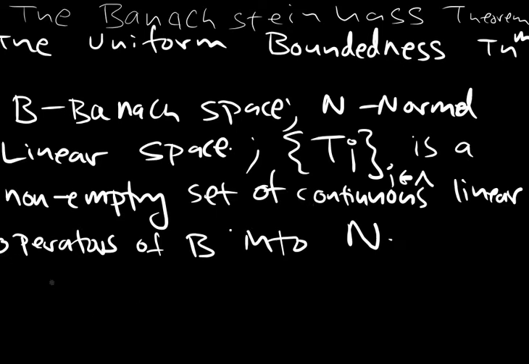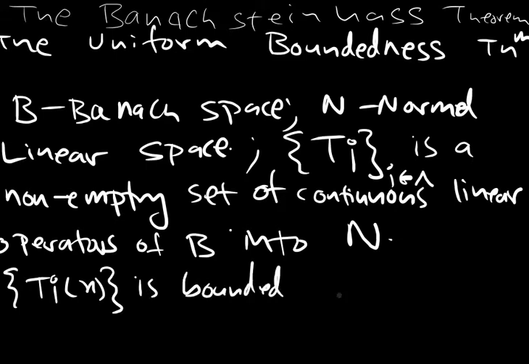What do we mean by pointwise boundedness? It is that the set Ti of x is a bounded set for each x belonging to B. So this is pointwise bounded, where i belongs to lambda, as the case may be.